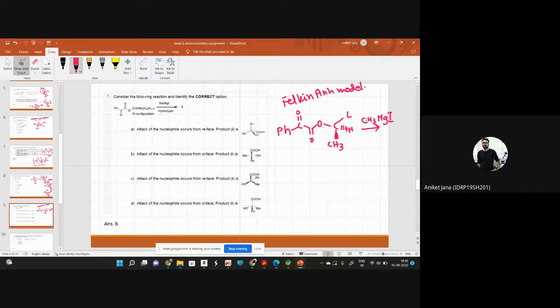So the methyl group will attack this carbon from which side? This is the large group, that is C6H11. This is the smaller one; as you know, hydrogen is the small group and methyl is the medium. So can you tell me from which side this methyl group will attack at this carbonyl carbon?